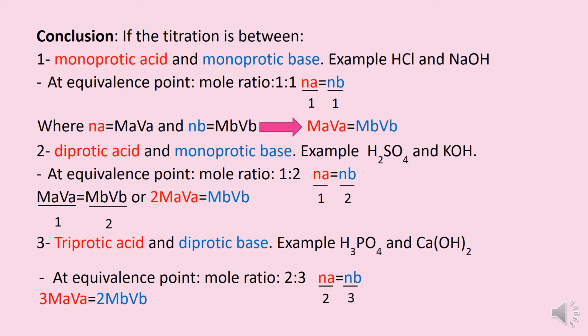So the relation here is Na over 1 equal Nb over 2.